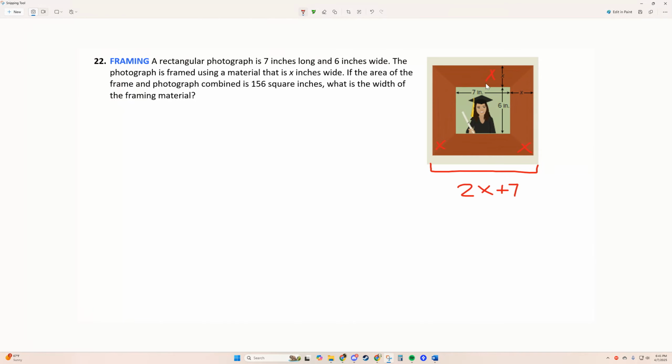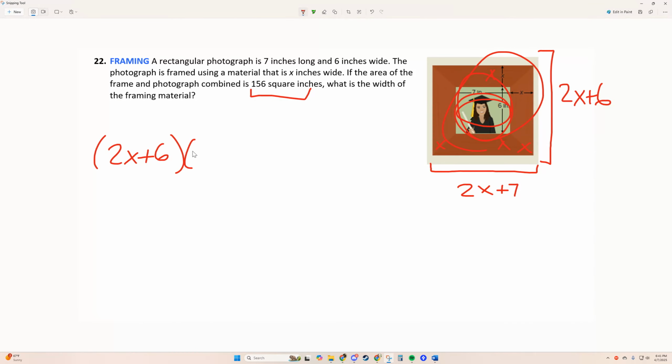And then same thing, x here, x here. This is 2x plus 6. So the total area of the whole thing is 156. That's going to be 2x plus 6 times 2x plus 7 equals 156, because we know length times width equals area, right? A rectangle, you go with me?